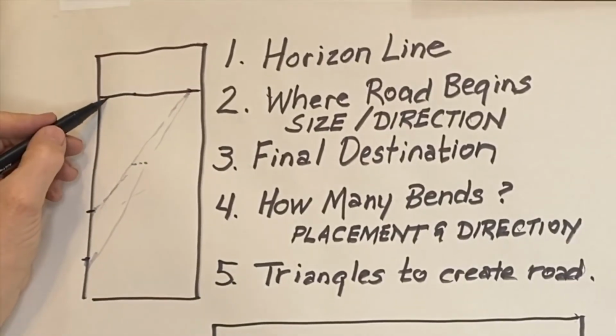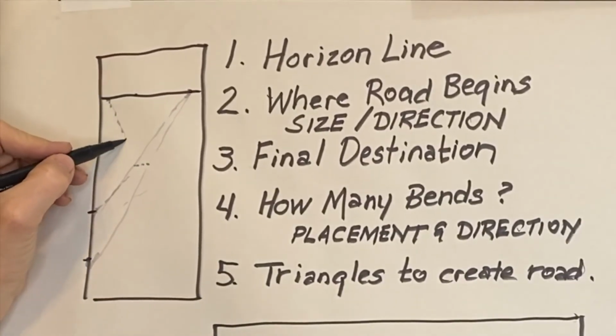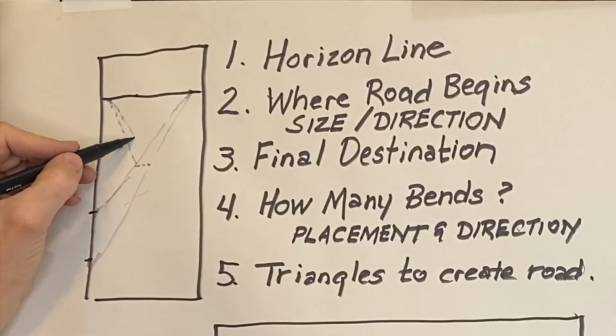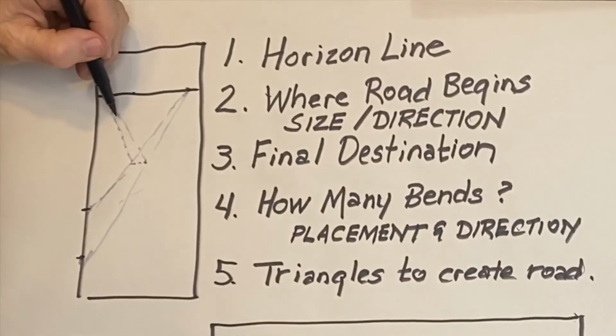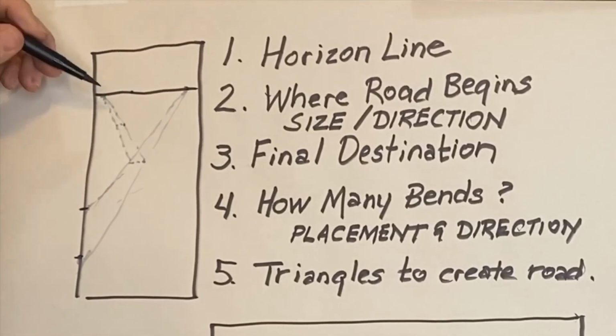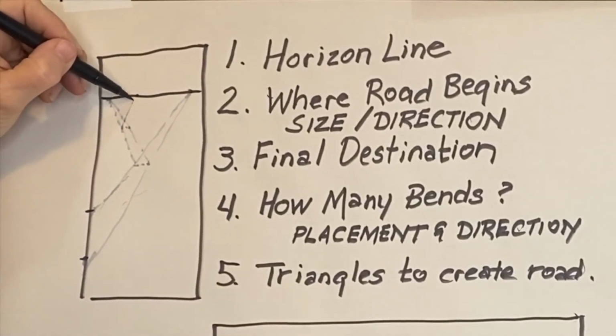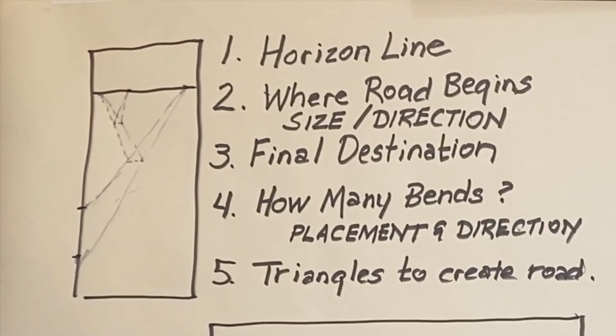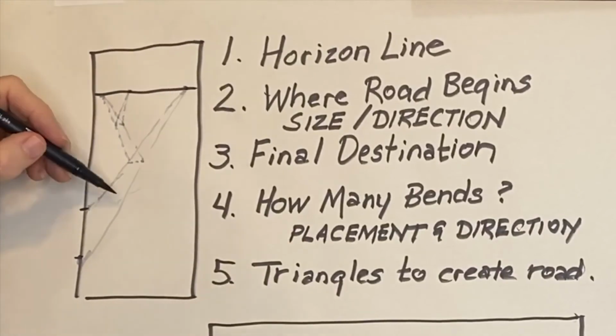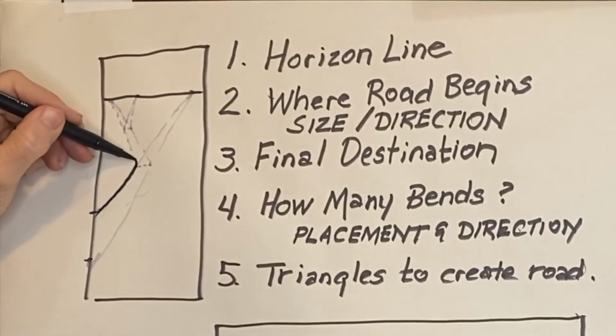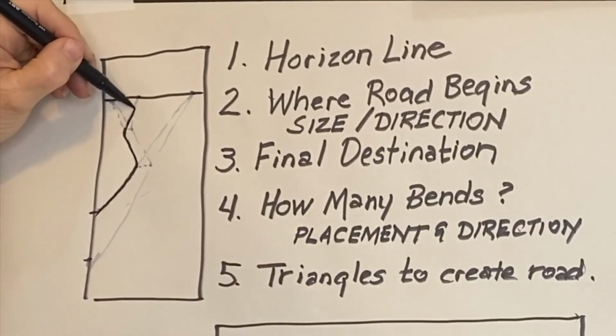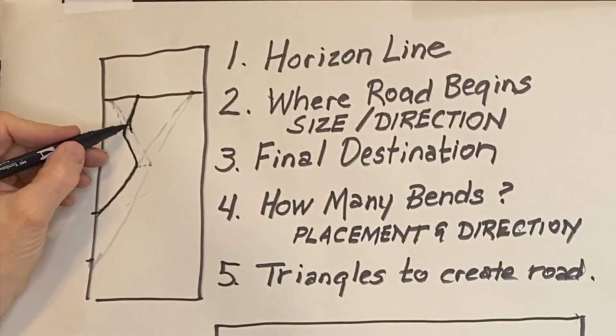How about that? Another triangle. Okay, and let's do our last bend right about here. Right there. All right, so let's draw the road now. Now this, obviously, you can tell we've got kind of a bird's eye view with this one here.